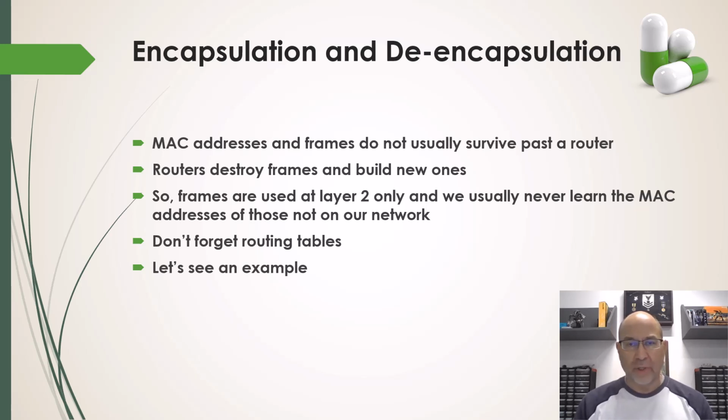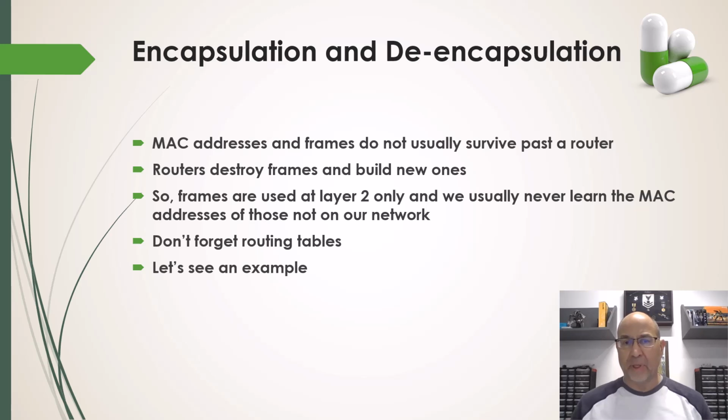So frames are used only at layer 2, and we usually never learn the MAC addresses of anybody that's not on our network. And let's not forget about our routing tables. As we're forwarding traffic, the minute it goes to a router, the router is going to use its routing table to decide how things are going to be forwarded. But a host also has a routing table that it can use to help figure out how things are going to go.